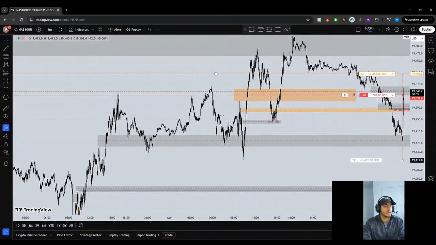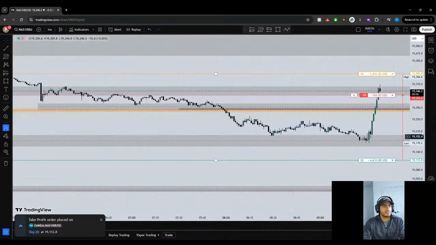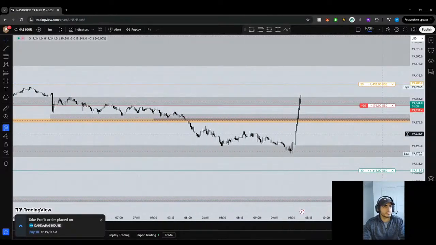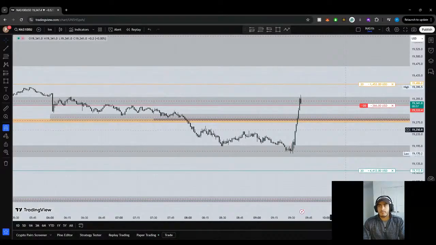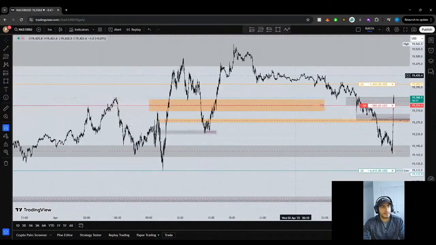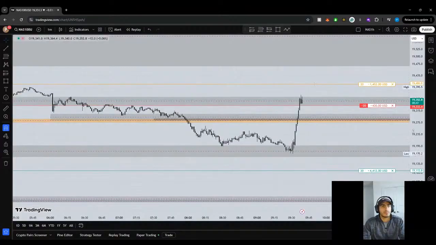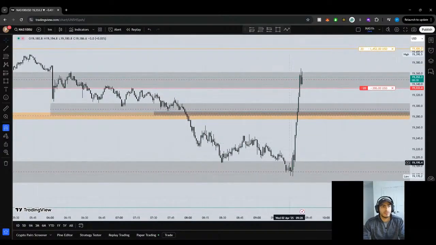Let's put the first one right here. That's quite a big push. Let's see how it's going to react to the last line of defense.